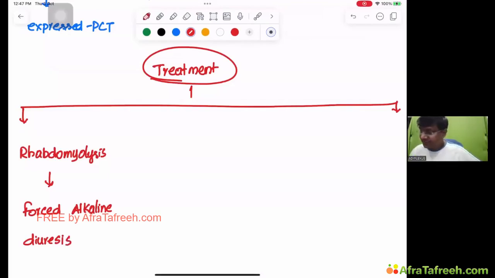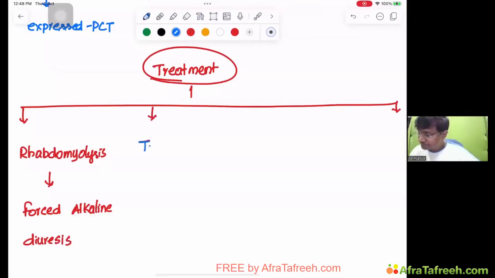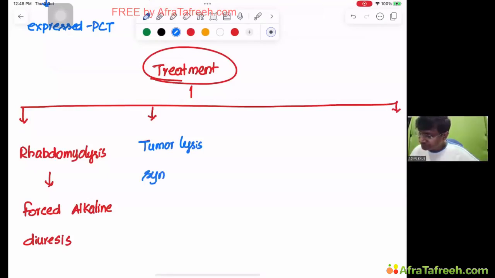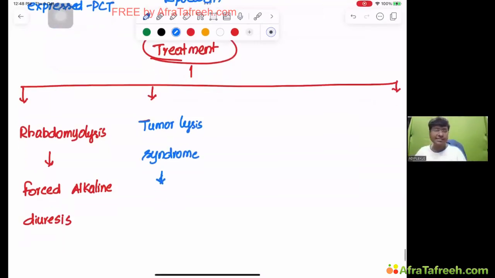Then in case of tumor lysis syndrome, what is it that you should do? What is the substance which is produced in excess quantity? Uric acid.